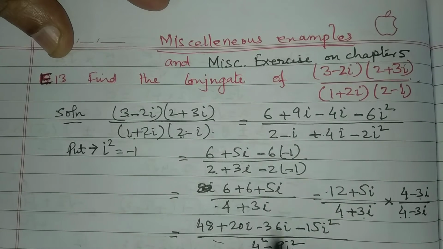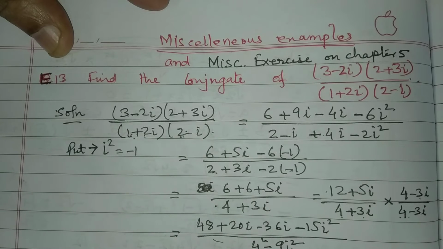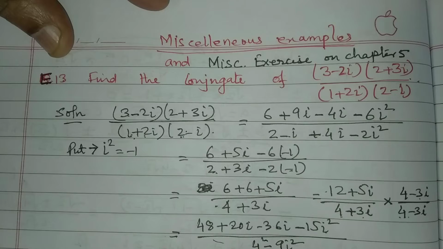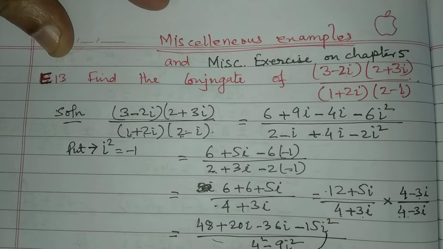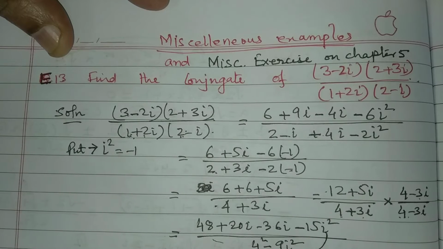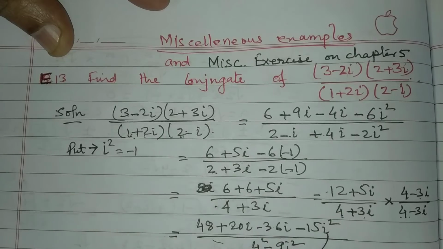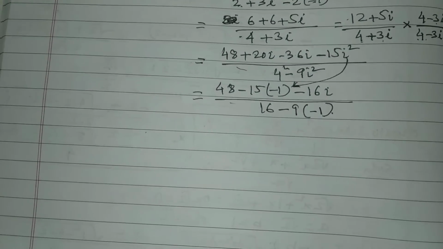So it is 48 minus 15 into minus 1, and minus 16i, and now 16 minus 9 and i square is minus 1.